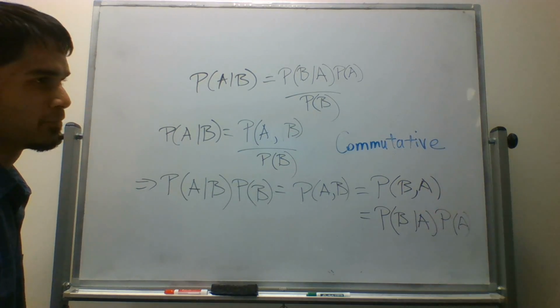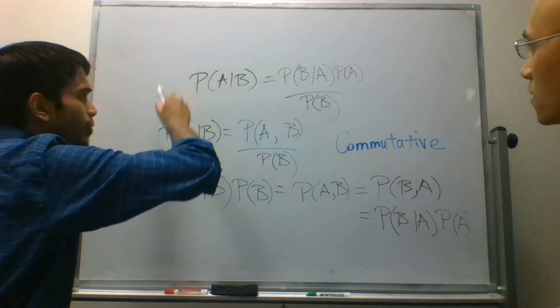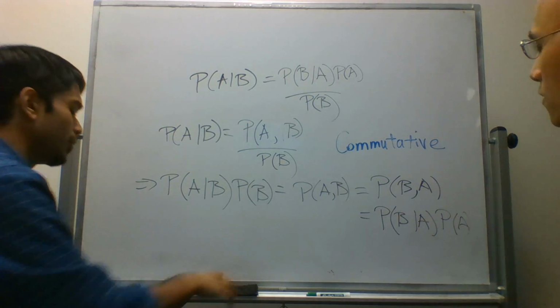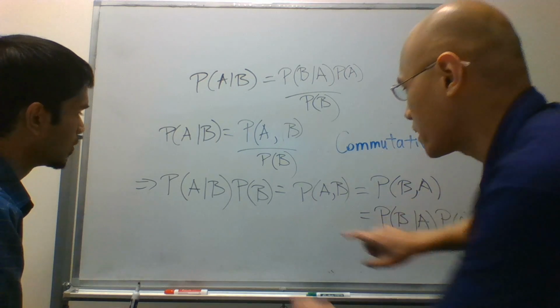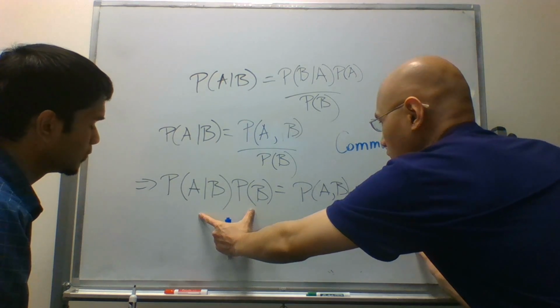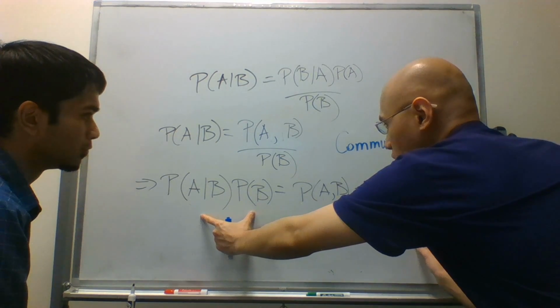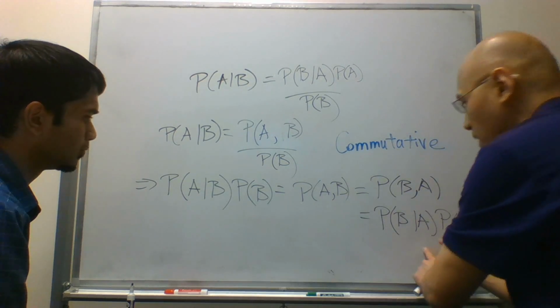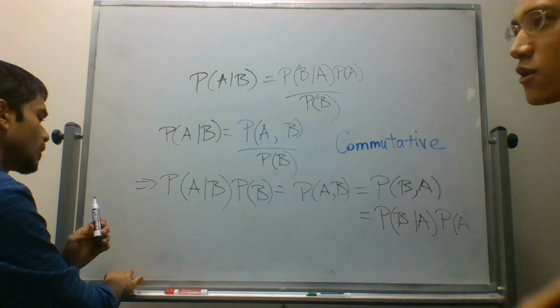And this is where Bayes' theorem basically comes from. These two products are equivalent to each other, so all you have to do is divide by P of B, and you'll get Bayes' theorem.